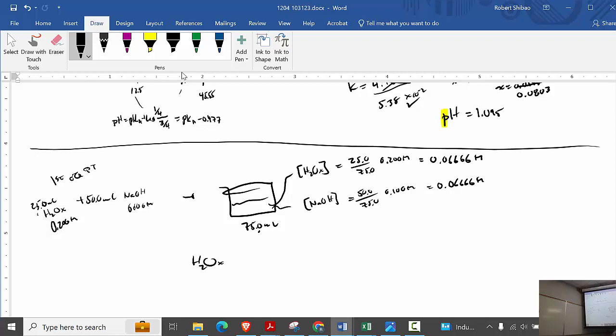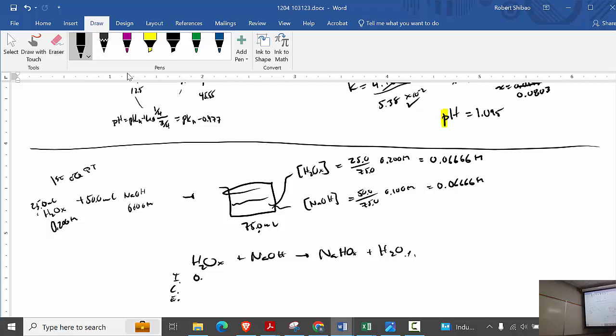We'll take our oxalic acid plus our sodium hydroxide. And this is going to make sodium oxalate and water. Actually, it doesn't make sodium oxalate. It makes sodium hydrogen oxalate, sorry, and water. I need to fix that. All right, so initial, change, equilibrium.